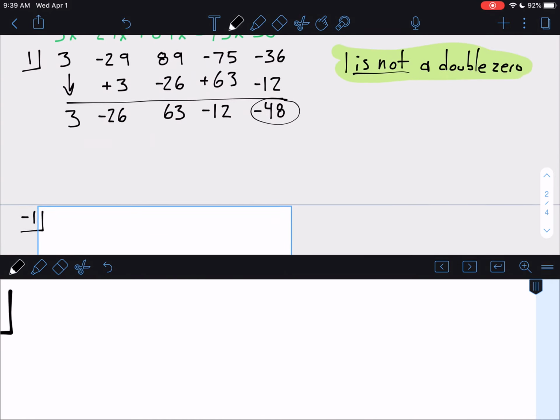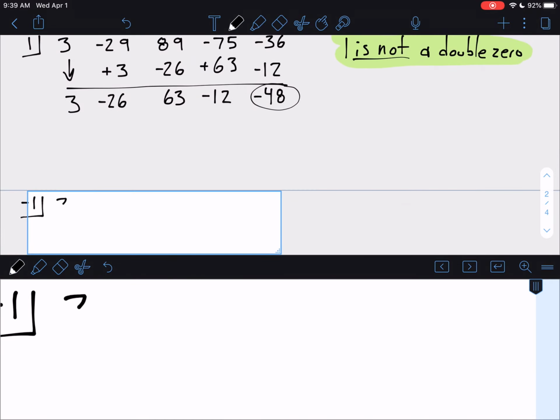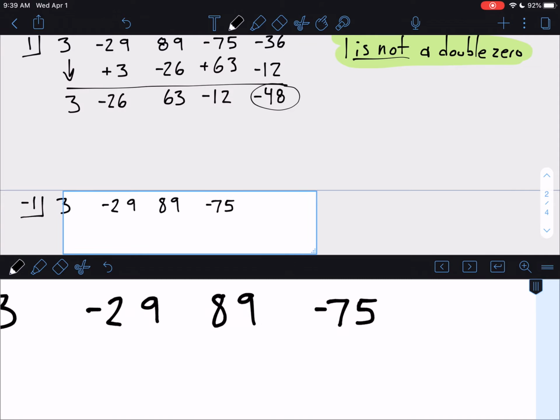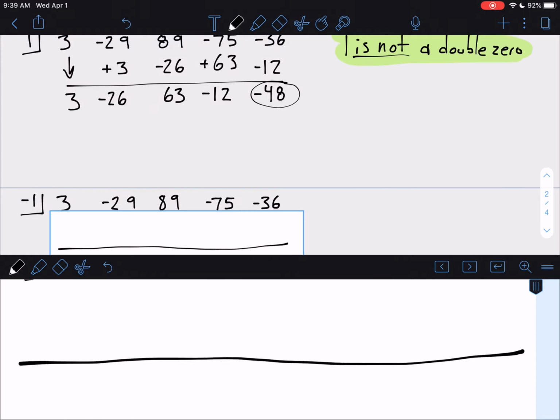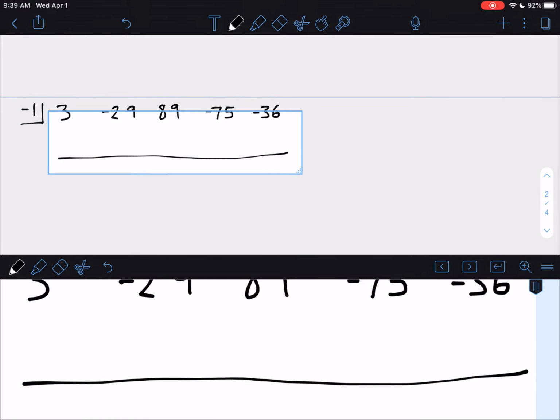It was 3, negative 29, 89, negative 75, and negative 36. And I'll give it that underline. And first thing I do, bring down the 3.